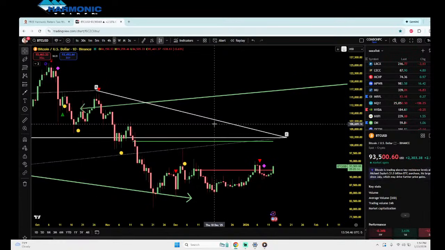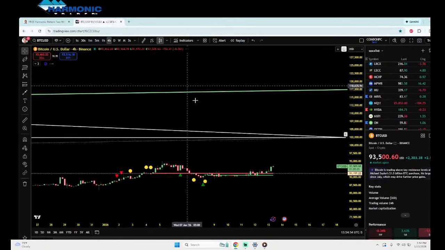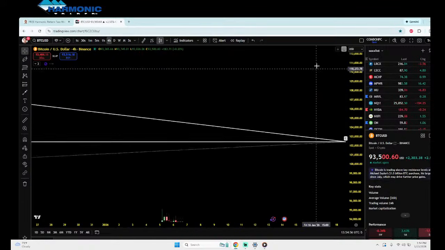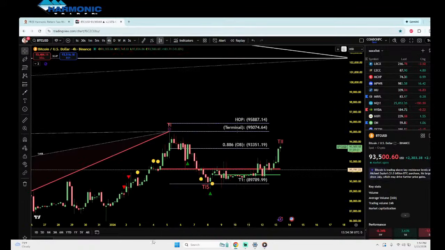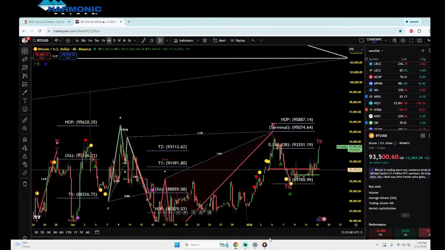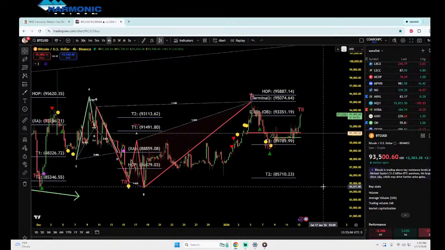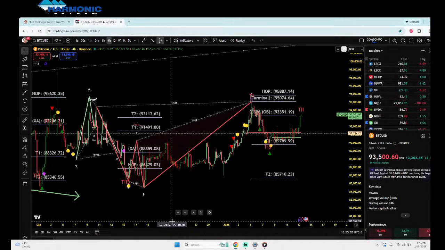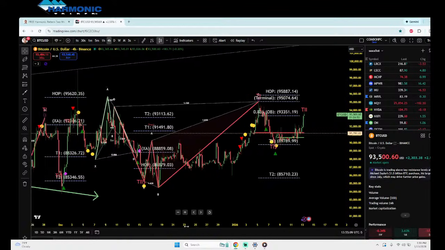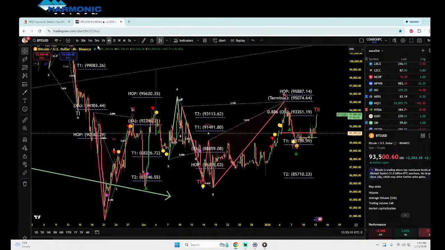And what can I say, other than the fact that we're still in the 4-hour harmonic zone and been capped by this harmonic zone. Back-to-back patterns, guys. Whether it's moving or not, especially with Bitcoin being so harmonic, you have to have it.